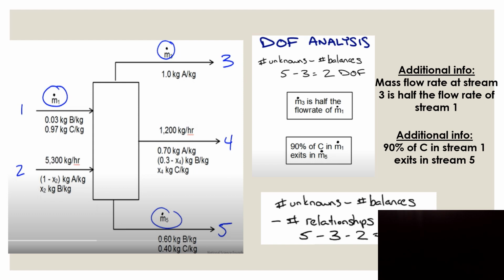So we can get a magic number for the DFA, which is 0. 5 minus 3, 3 materials. Remember, in this case, we have A, B, and C components. So we have 3 balances. Okay. So 5 minus 3 minus 2, 2 comes from these 2 additional info. So DFA equals 0. Because we get the magic number, we know this problem is solvable.